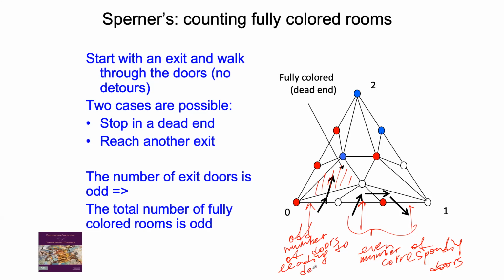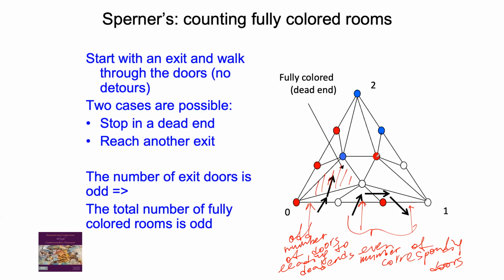Well, dead ends, not necessarily the same, actually, different ones. They cannot lead to the same dead end, because if two doors lead to the same dead end, then they correspond. Anyway, I want to conclude that this is an odd number of dead ends, because there's an odd number of doors leading to a dead end.